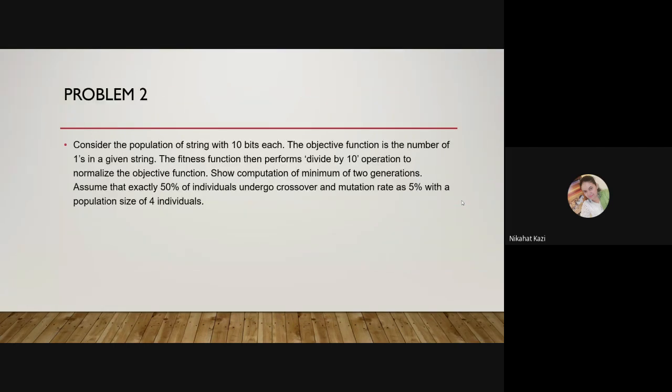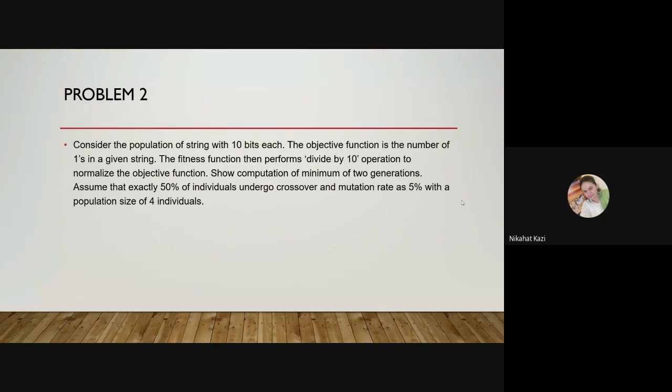Okay, next problem. In this problem, what is given is: consider the population of strings with 10 bits each. The objective function is the number of ones in a given string. So based on the number of ones, you compute the objective function.